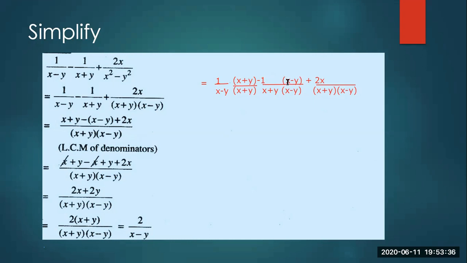So 1 is multiplied with x minus y: 1 multiplied by x is x, and 1 multiplied by minus y is minus y. Then this minus sign, I'm not multiplying with x minus y, I'll multiply it in the next step. Now plus 2x.